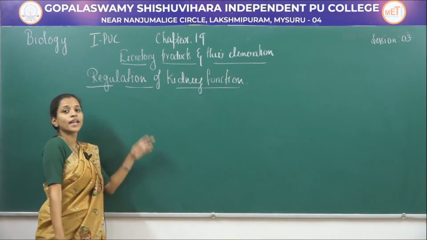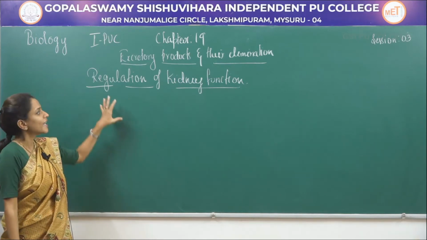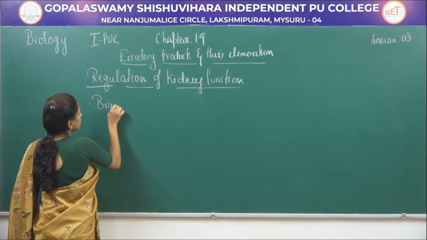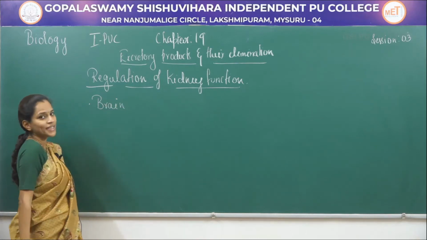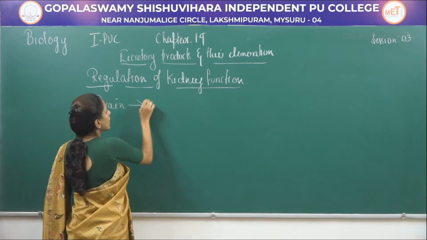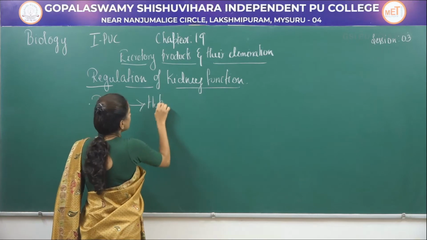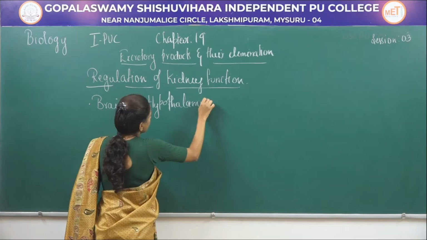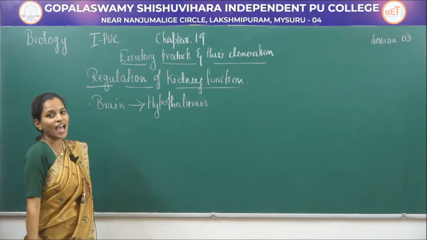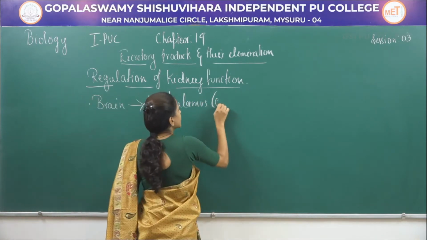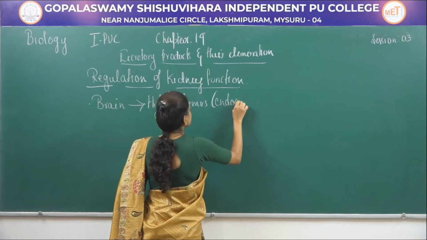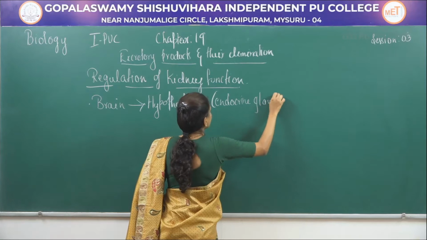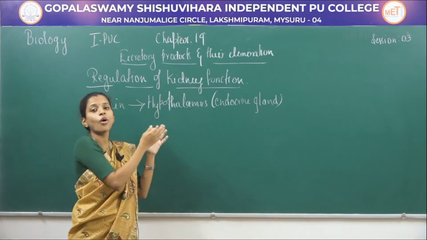When it comes to regulation of kidney function, it is carried out by the brain. So, in the brain, especially in the hypothalamus region, which acts as an endocrine gland, by releasing hormones.